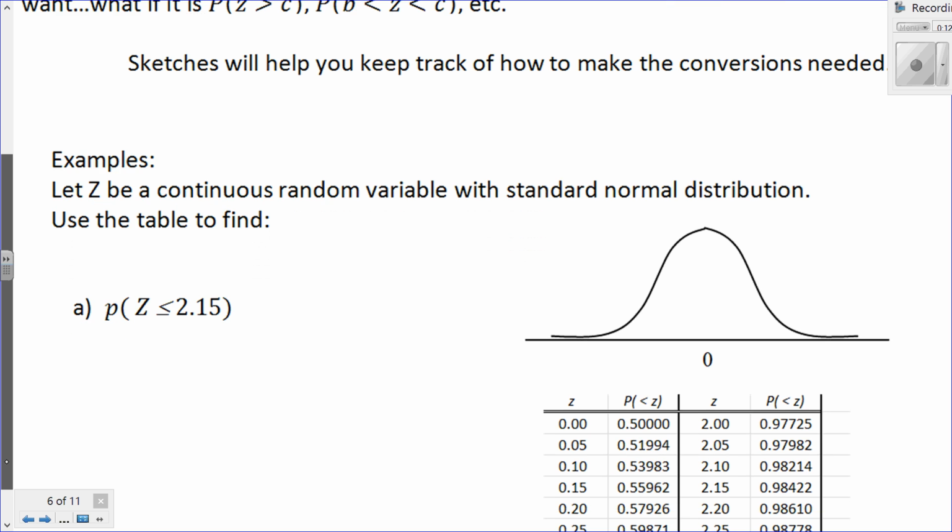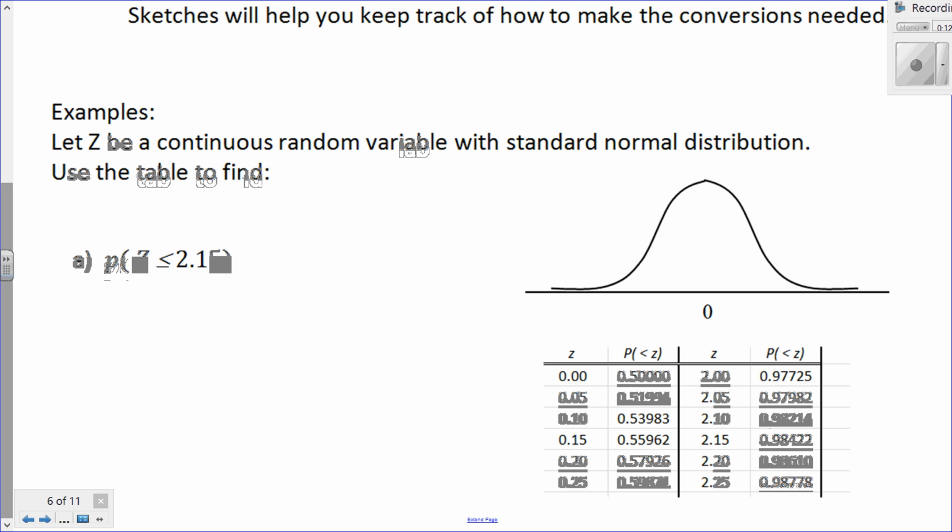Okay, so start off with one here. Using our standard normal table, if we have a standard normal distribution, mean of 0, standard deviation of 1, we look in our table, go down the column, it's clear on the right edge, we're going to look for where the Z value is 2.15, and right next to that is the probability of being less than 2.15.